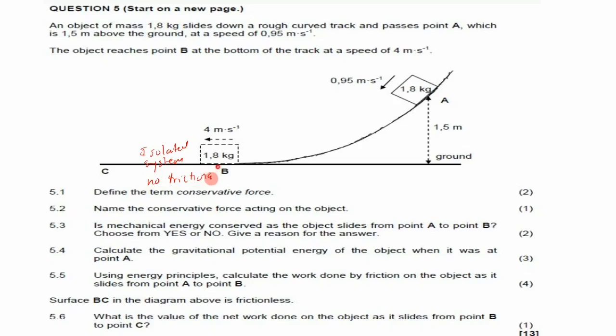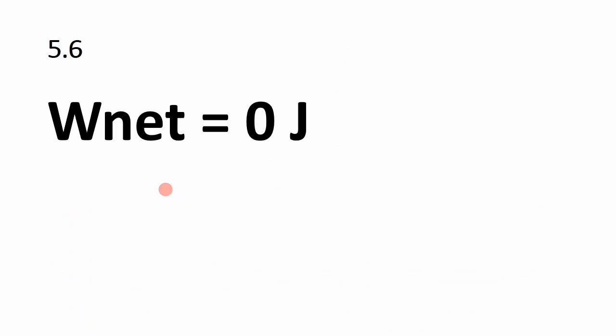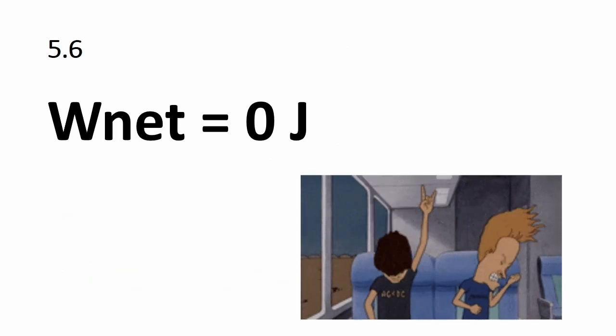As we are told, the surface is frictionless. So what is the value of the net work done? If we know that this is an isolated system, then the net work done there is 0 joules. So that is for 1 mark, W net equals 0 joules.